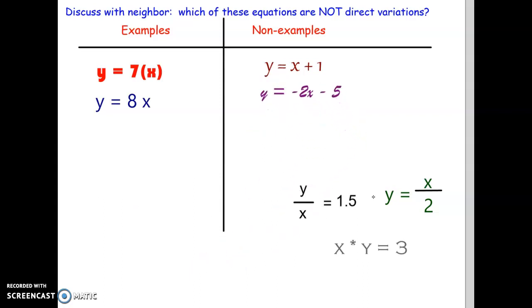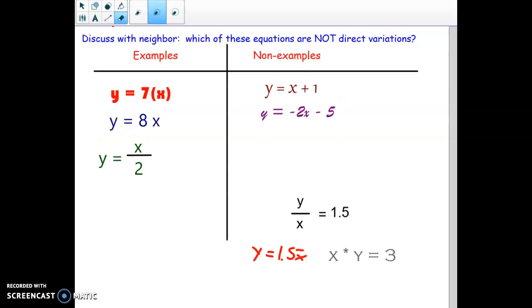This green one is a little goofy, but really it's y equals 1/2 x, where the slope is 1/2. This next one is also a little goofy, but if you multiply both sides by x, you get y equals 1.5 times x. So that's going to be a direct variation.